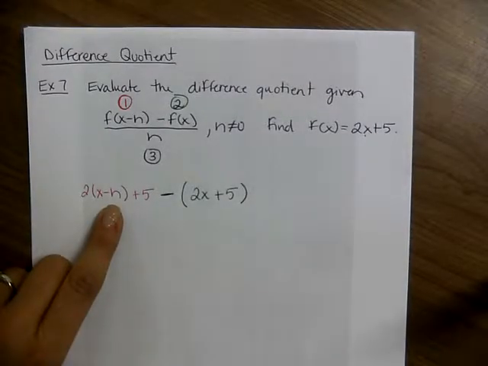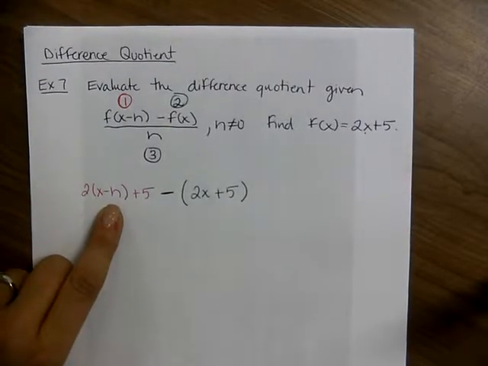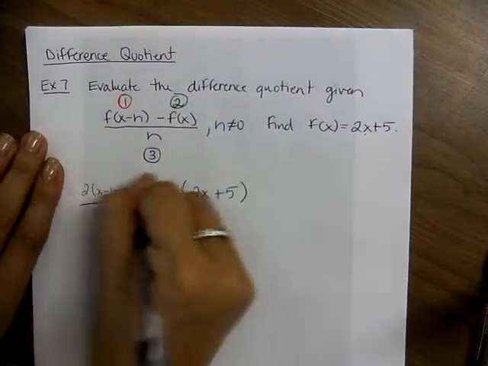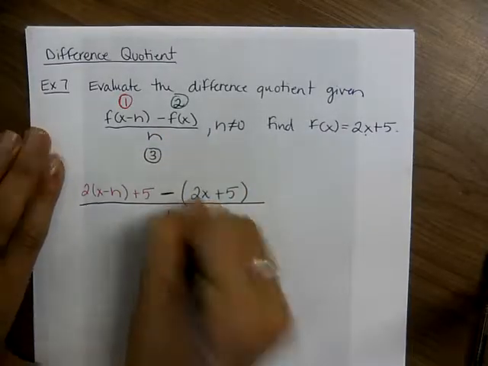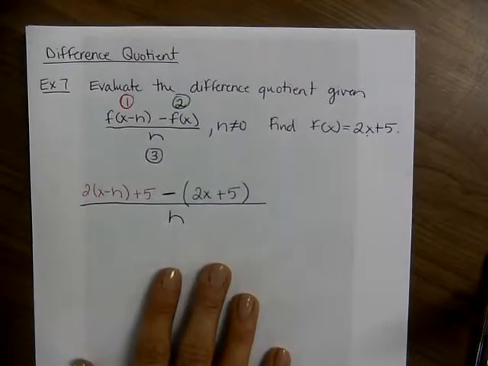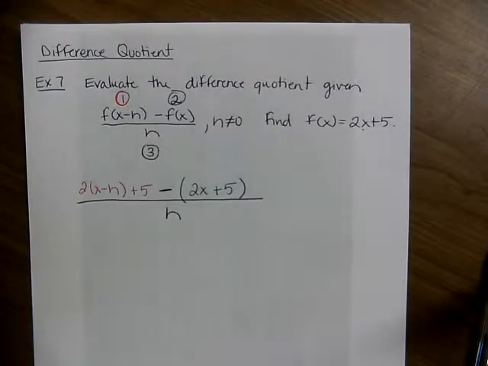Most common mistake made right there. Step 3 says take that entire thing and divide it by h. So I'm going to take the whole thing and divide it by h. I'm going to talk it through and you're going to write it down again. I just want you to look at it for a second and see what I did, see how I kind of broke it up.